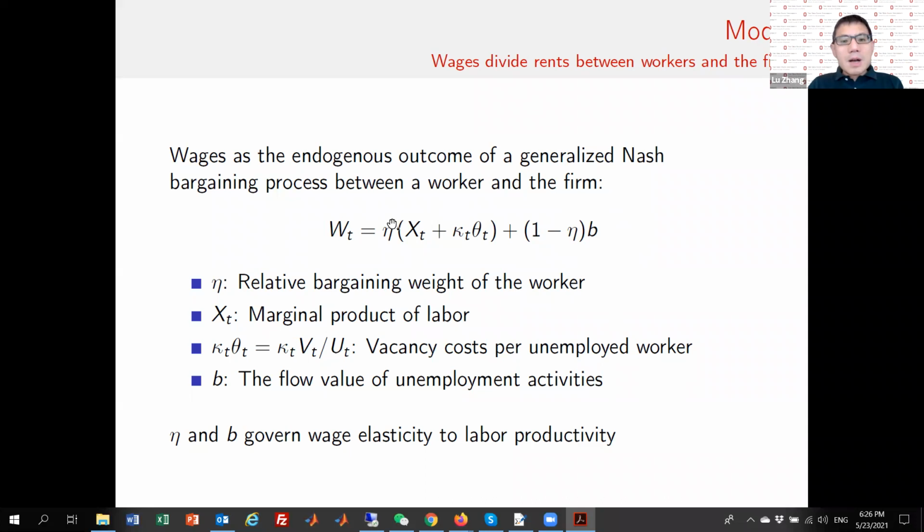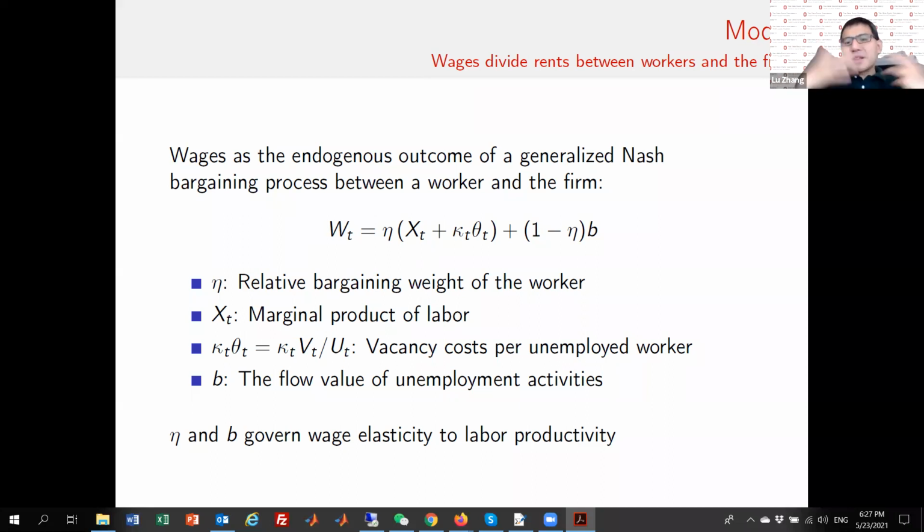So in particular, this eta parameter is the bargaining weight of the workers in the Nash bargaining process. If eta is small, it turns out the wage elasticity to labor productivity is going to be small as well. In other words, wages are going to be relatively insulated from marginal product of labor, therefore giving rise to wage inertia.